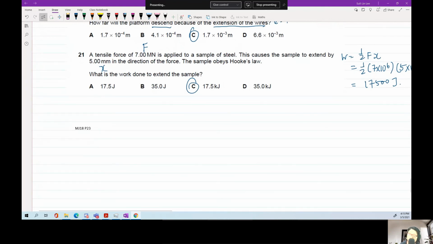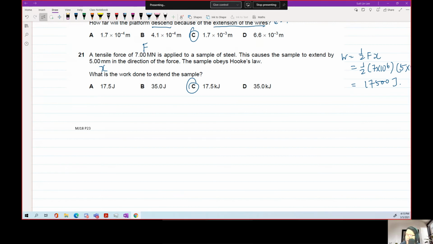And that will be the last question for chapter 9. It's a short topic, so we generally don't expect many questions. Yes, this is May/June 18, paper 2-3.